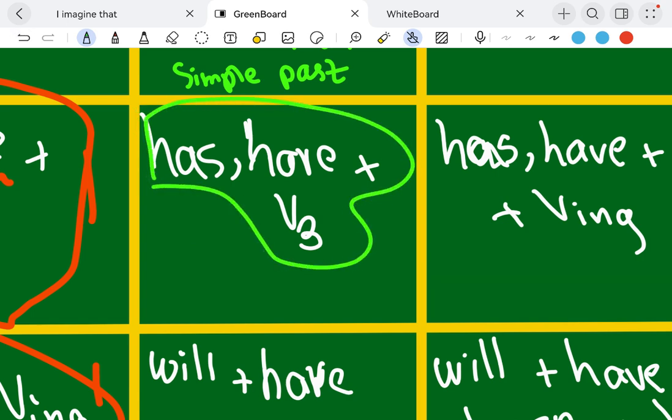Usually we want to talk about actions that were completed not so long ago, something near to the present time. For example, let's take a look at this example sentence I will write down here.